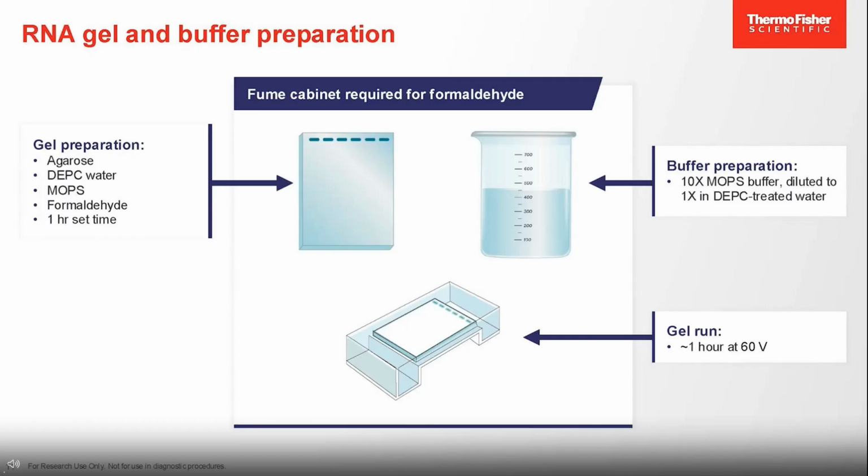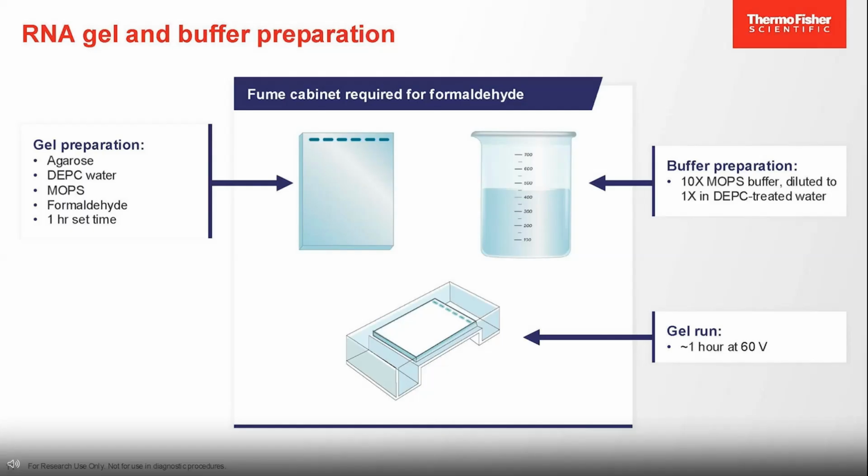Now, the gel itself is the part that has these harmful chemicals, because it usually tends to have either bleach or formaldehyde in its composition. I chose this particular recipe because I'm fairly familiar with it. It's better to work within a fume cupboard.